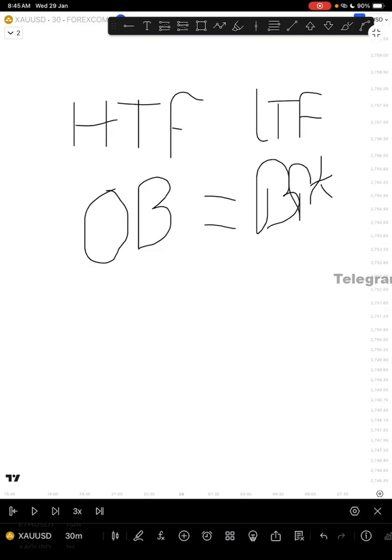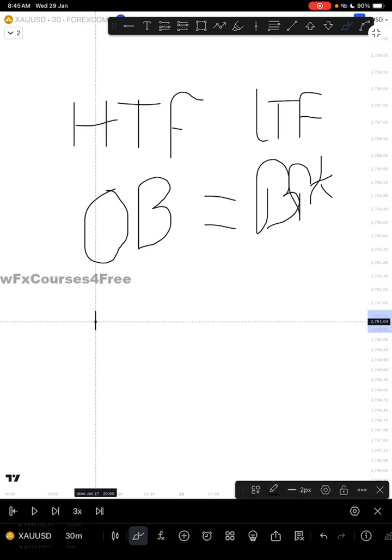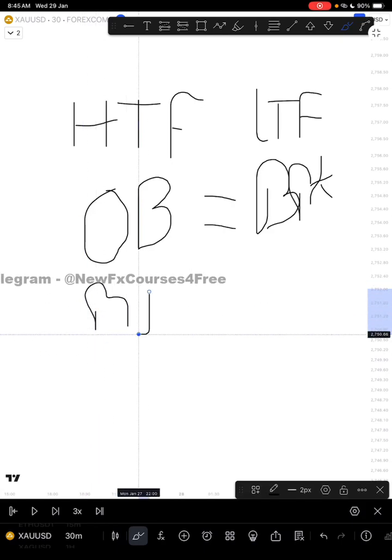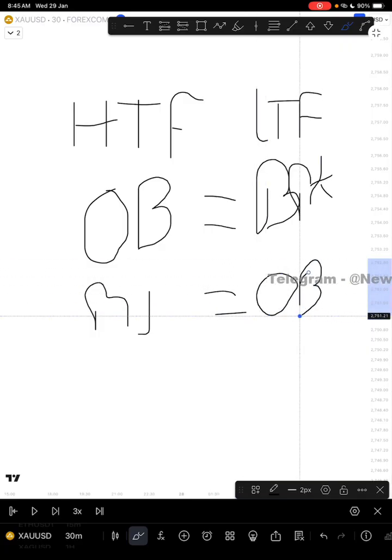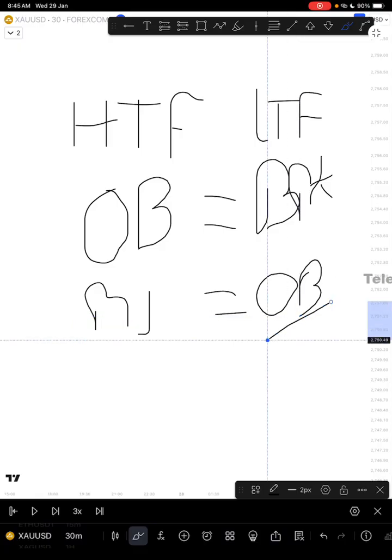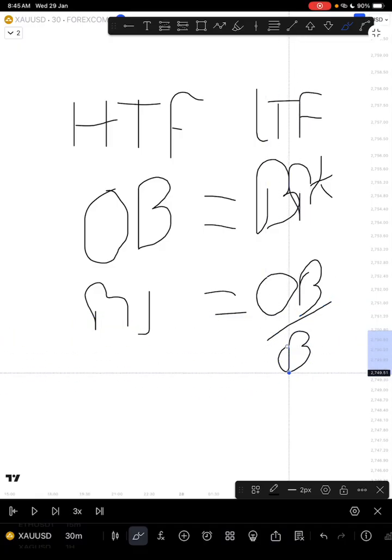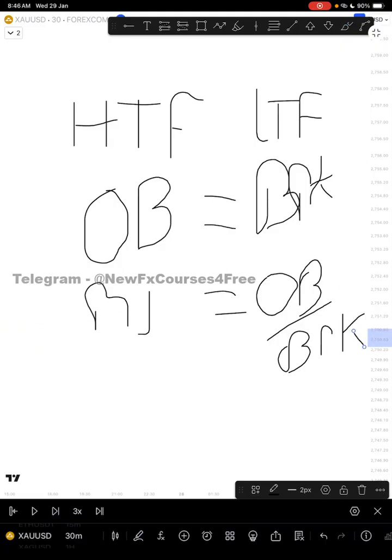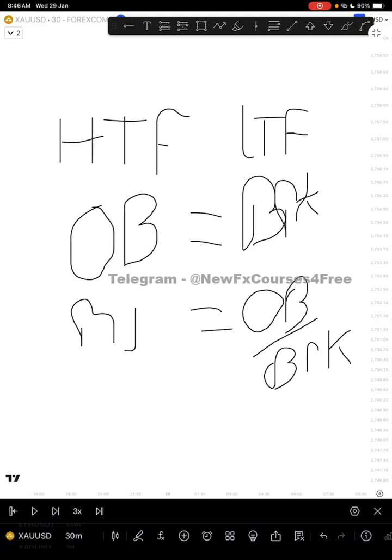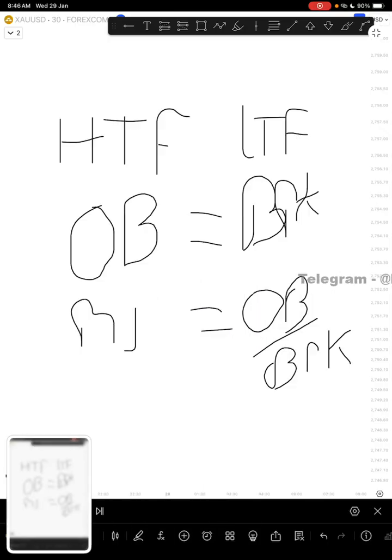So now a higher time frame rejection block is a lower time frame order block or breaker block. So note this, it's very important. Note this.